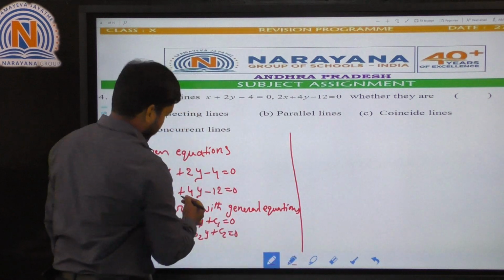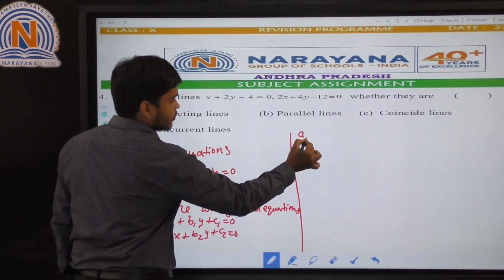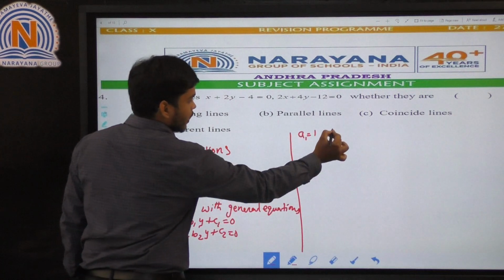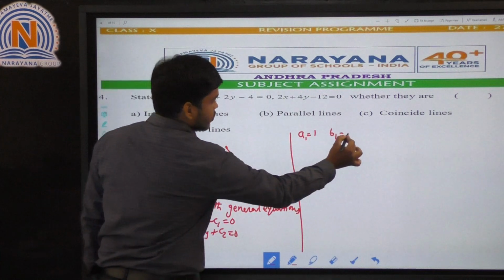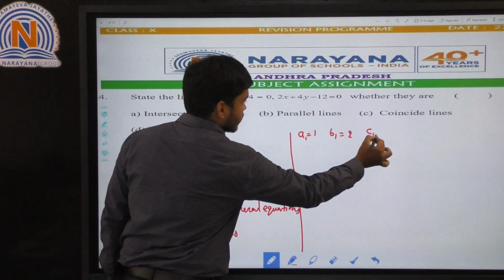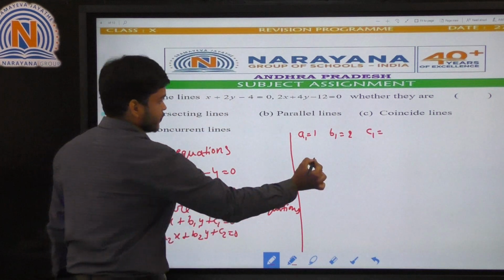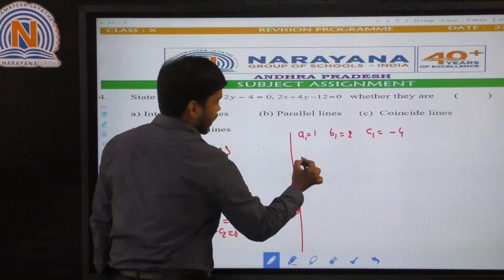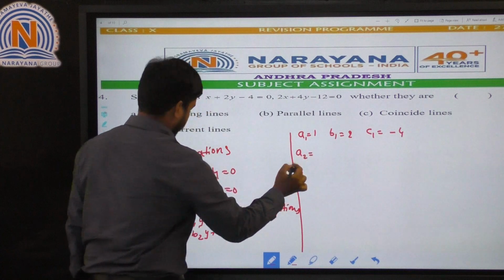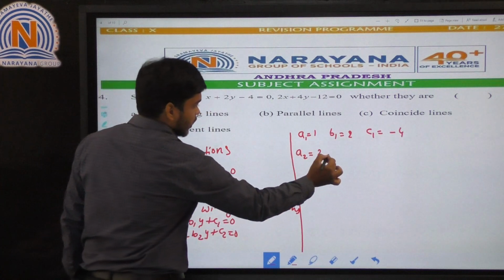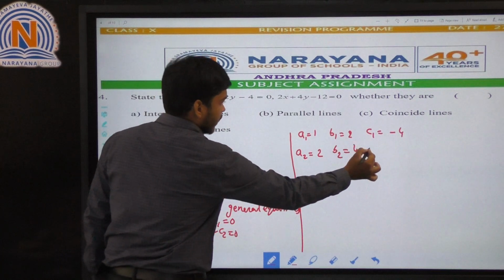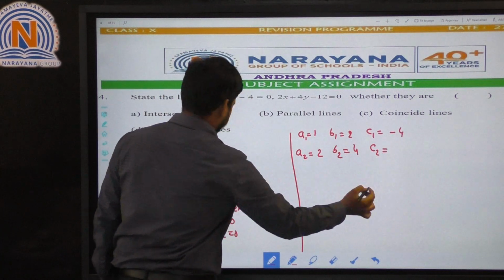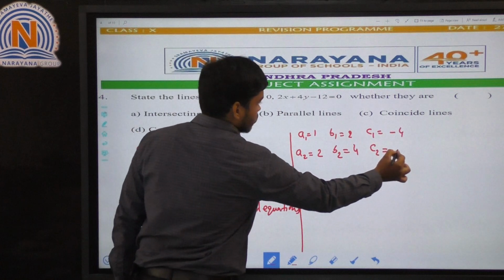See children, here a1 = 1, b1 = 2 and c1 = -4, right? And a2 = 2, b2 = 4 and c2 = -12.